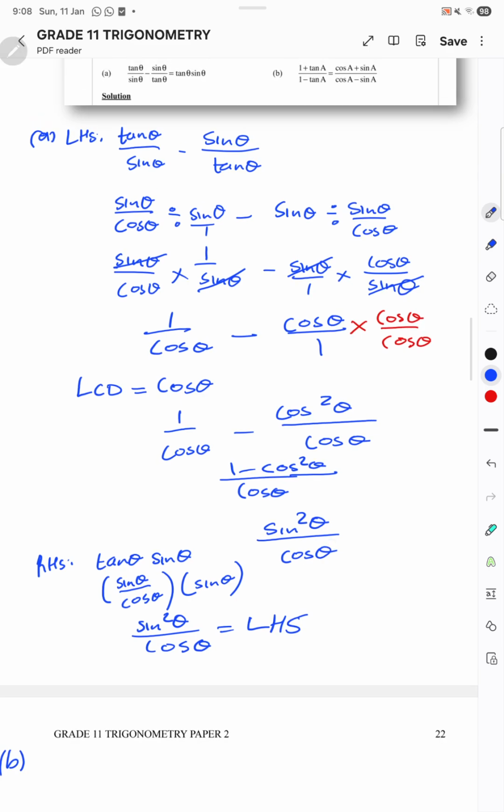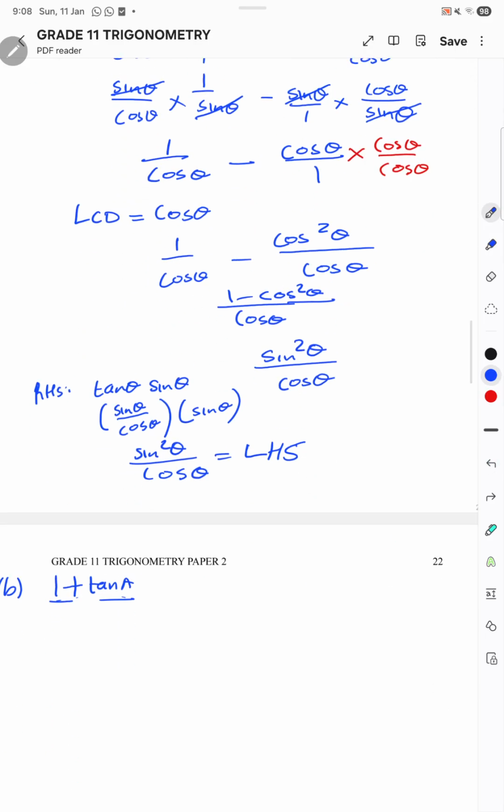Number B. We are having 1 plus tan A over 1 minus... sorry, why is it running like that? Sorry about that, guys. Let me try to do this.